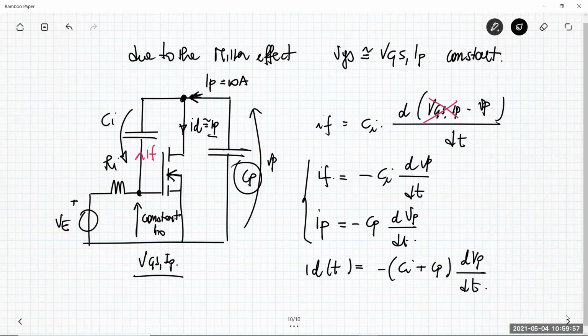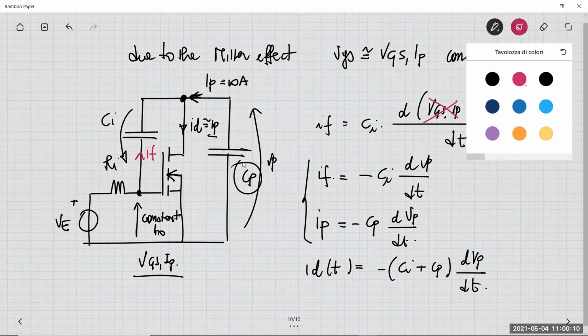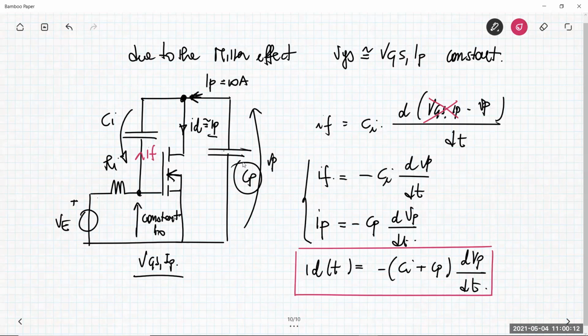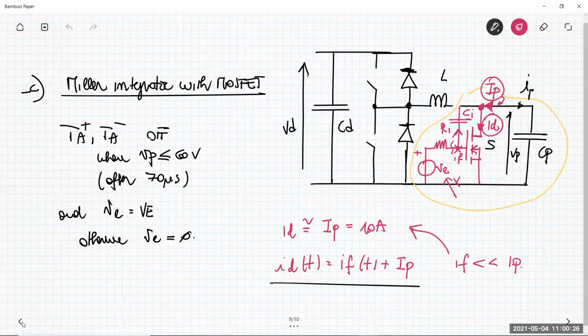So basically my previous assumption to consider the current ID the same as the current IP flowing through the piezo injector, by looking at this expression, is true only if CI is well less than CP. So this assumption that I had before effectively is true.